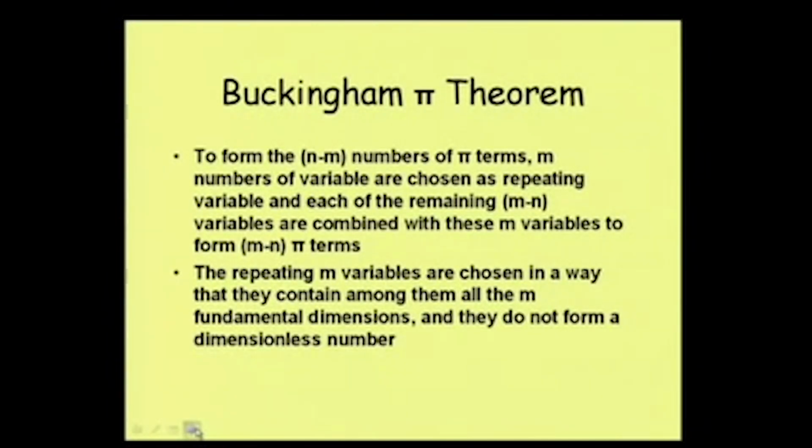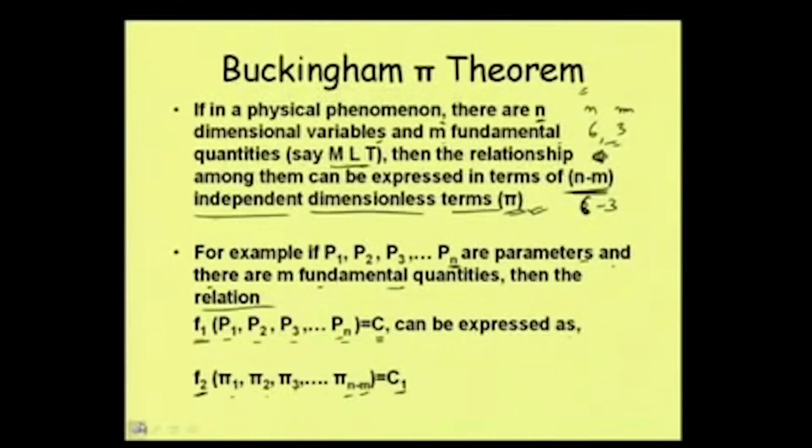Now in this Buckingham pi theorem, to form the n minus m number of pi terms, m variables are chosen as repeating variables. We are saying that we will get n minus m non-dimensional terms, but how will we group them?